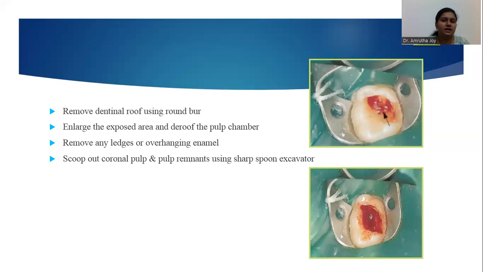If there is any remaining caries on the walls of the tooth or any overhanging dentin ridge on the roof of the pulp, all of it should be removed and complete deroofing of the pulp chamber should be done. After that, we can use a sharp spoon excavator to scoop out the coronal pulp tissue.